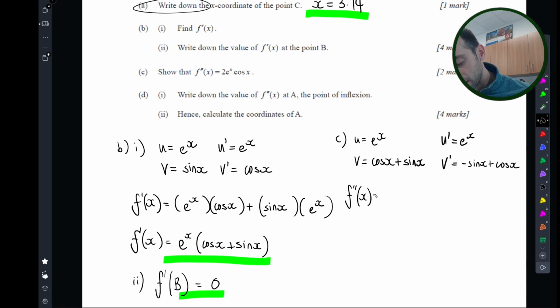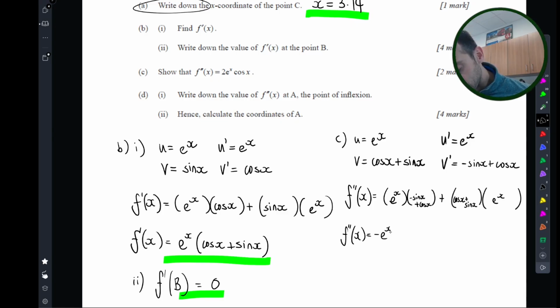We'll glue all this together in our parentheses. Throw all the ingredients into the recipe. E to the x times minus sine x plus cosine x. We'll squeeze that in there. And then that's times cosine x plus sine x times e to the x, multiplying out this algebra.